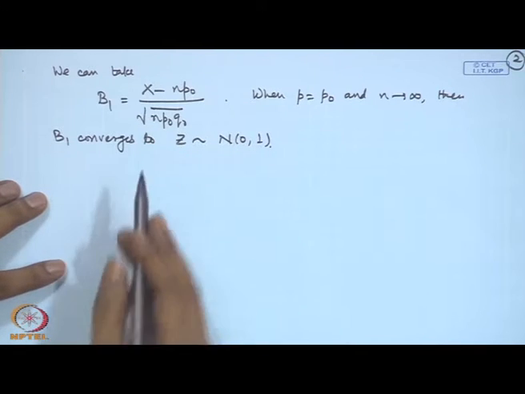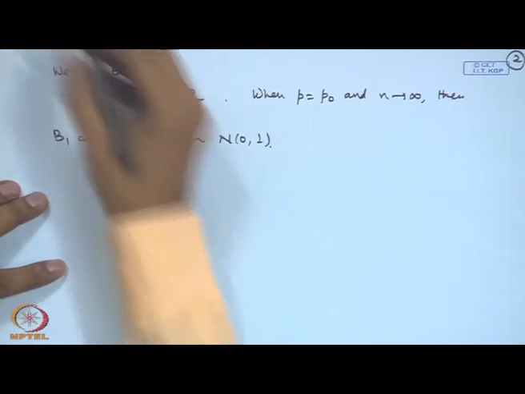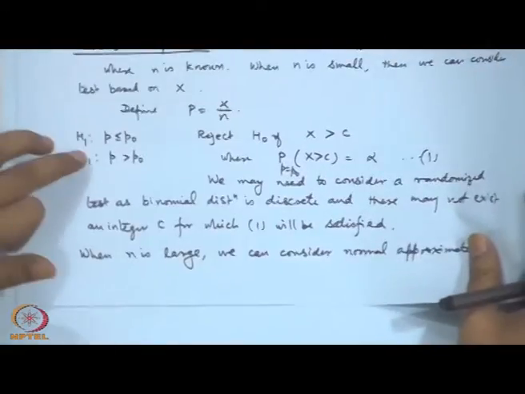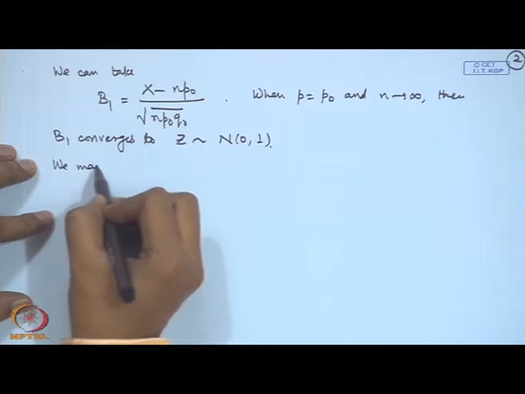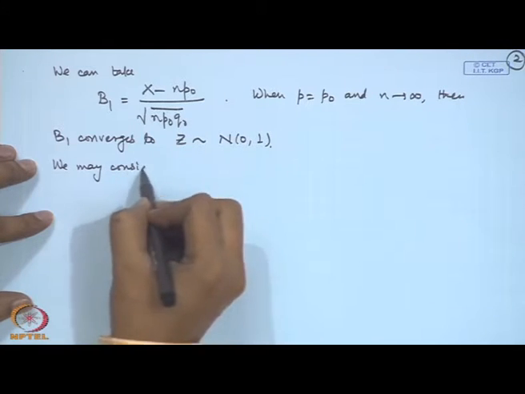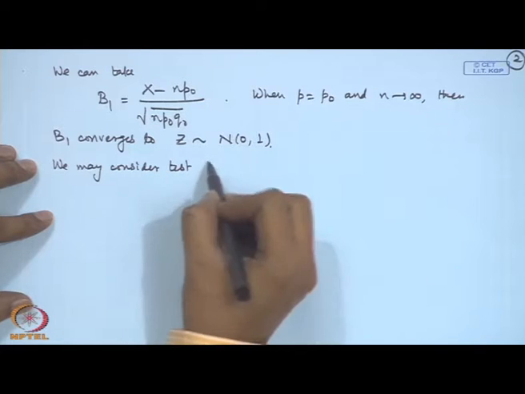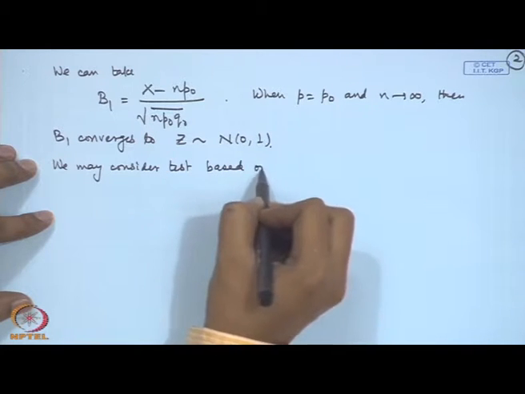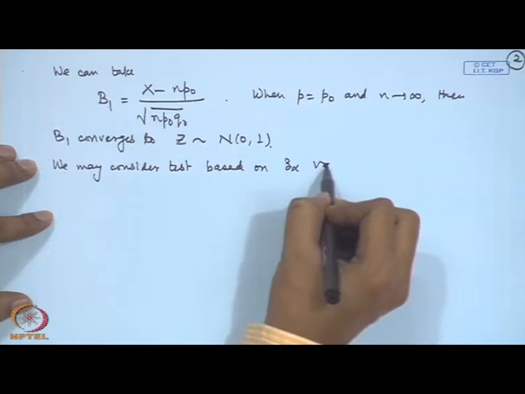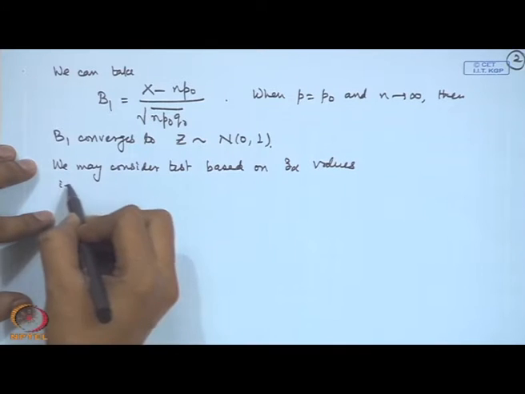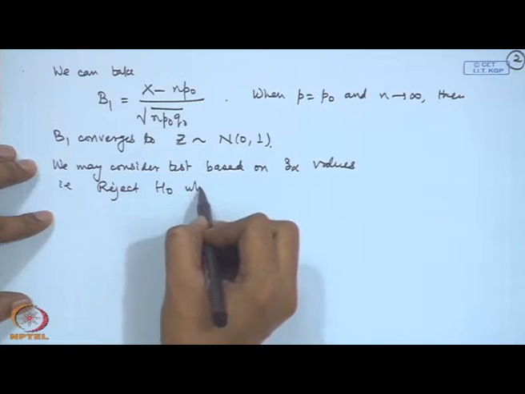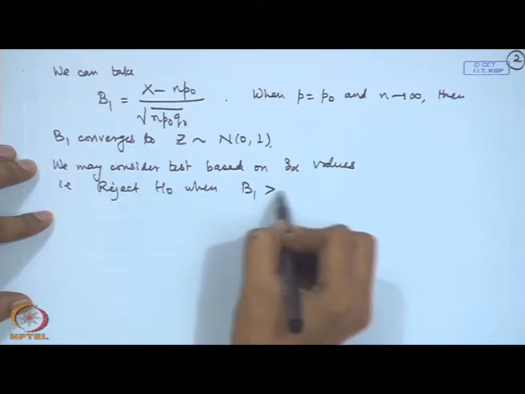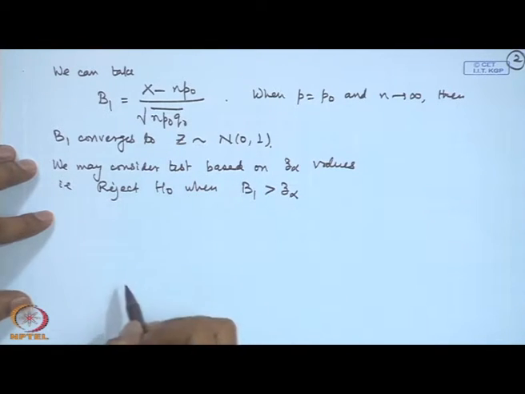Therefore, for testing H 1 versus K 1, for example, we may consider a test based on z alpha values, that is, reject H naught when B 1 is greater than z alpha.